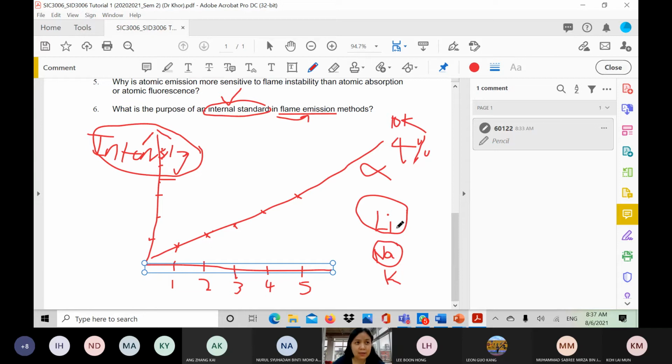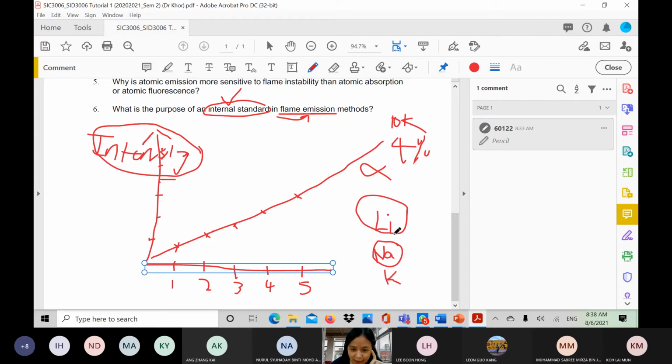these environment changes. I call it the environment because this is the impact from the environment: the flame temperature, the aspiration rate, and also the gas flow rate. It's not due to the change of intensity. It has to be due to the change of the concentration of the target analyte, isn't it? But because of this environment change, it will cause a change of signal, the intensity of the emission line. I want to be sure that the change of the intensity of the emission line is solely due to the change of the concentration of my target analyte, but not from the environment.